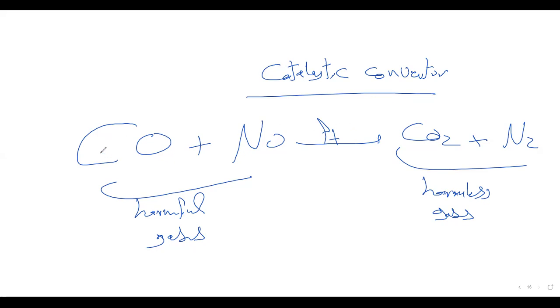Carbon monoxide, as we said, is a toxic gas that combines with hemoglobin in blood and decreases the ability of respiration. Nitric oxide and sulfur oxides cause acid rain, which kills marine life and plants, decays buildings, rusts metals, and affects the respiratory system. So carbon monoxide and nitric oxide, harmful gases, change into two harmless gases, carbon dioxide and nitrogen.